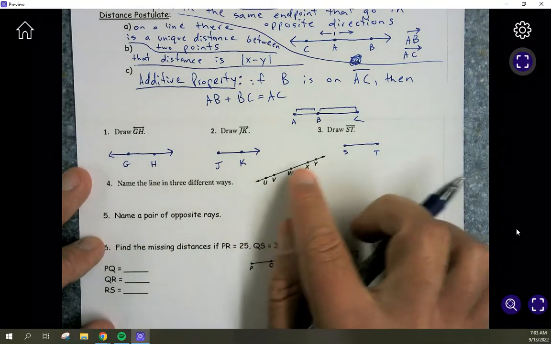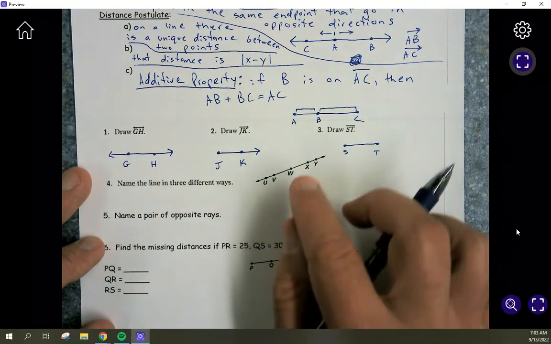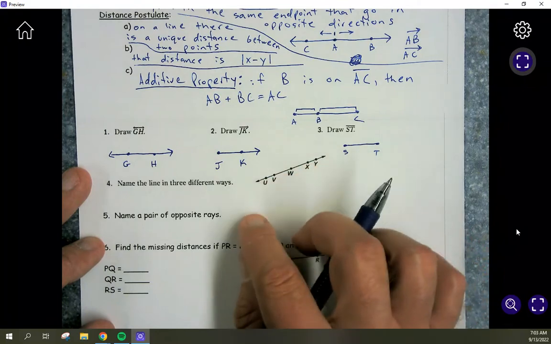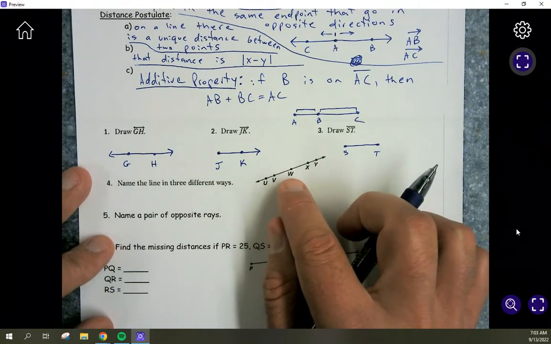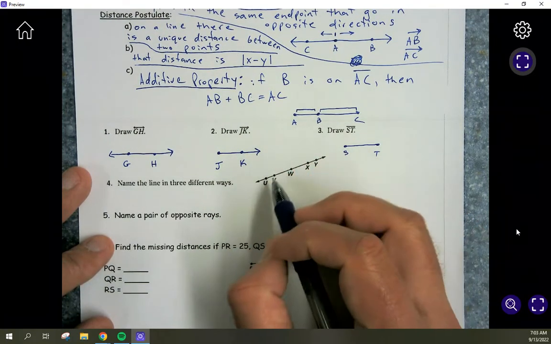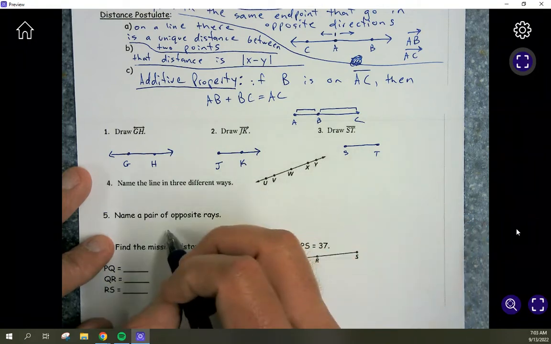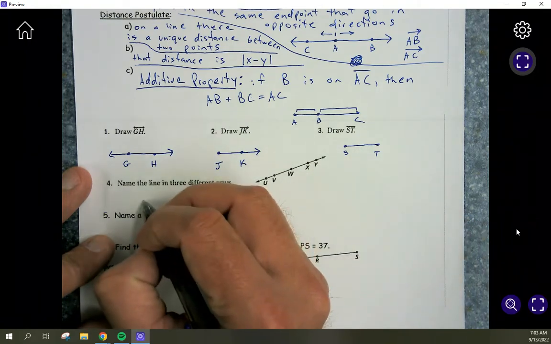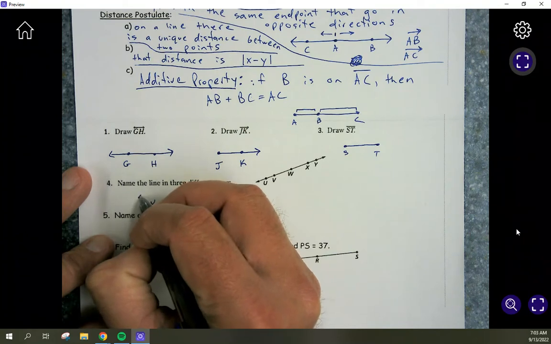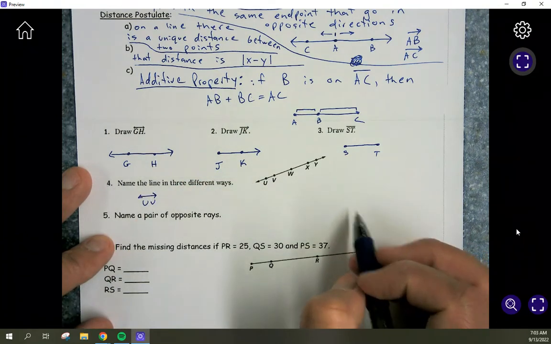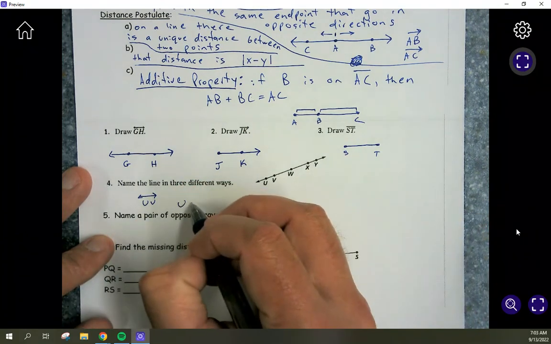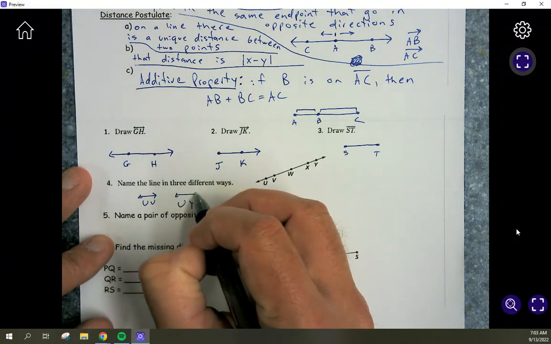Number 4, we're going to name this line in 3 different ways. You can pick any letters. This is a line, not a ray. And so you can use any letters because this line passes through all of them. So I could use these two right here. I could call this line UV. I could pick the ones that are farthest apart, UY.